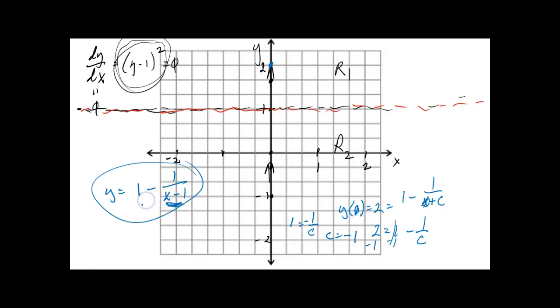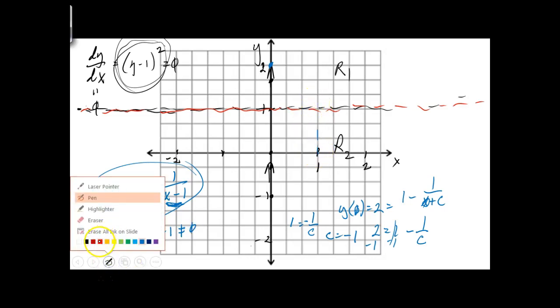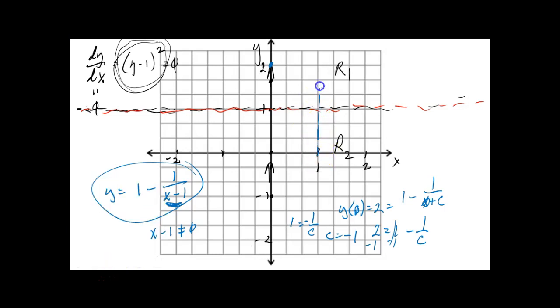Your denominator can't be 0. That's x minus 1 can't be 0. So let me go back to red to do our vertical asymptotes again. There we go. Vertical asymptote becomes 1. Okay?